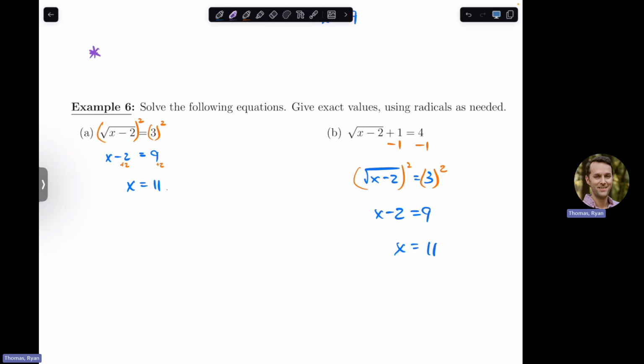So if there's a single radical term like this, we want to isolate or solve for it first. Then get rid of it.